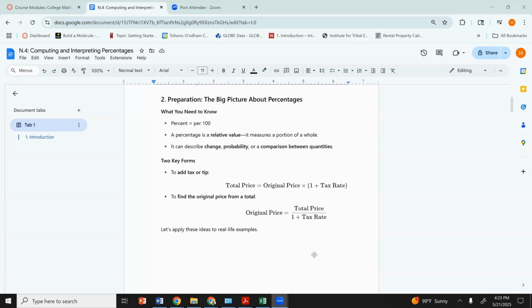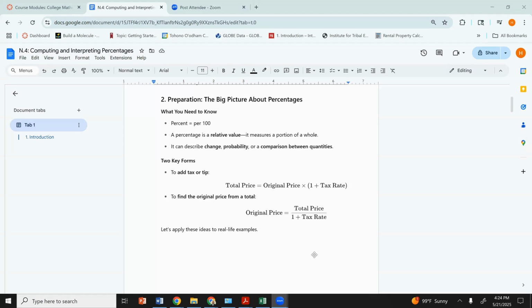Key terms that you need to understand in this collaboration are taxes and tips. If you're adding tax to a particular price, how do you do that? If you add tax to the original price, obviously the price is going to increase.